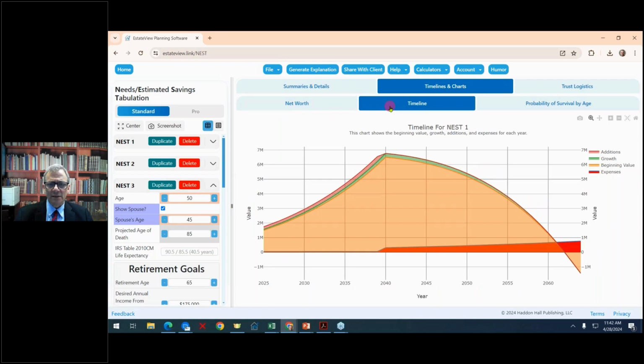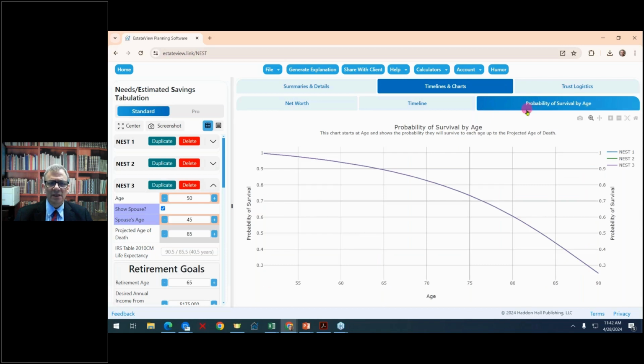I can look at a timeline for the first one, see what it looks like, where the assets build up, where the money comes out for expenses, and I can show them the probability of the survivor being alive.